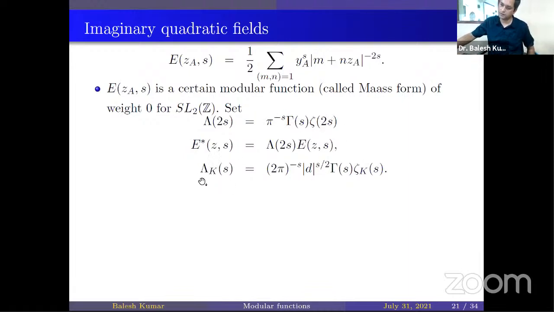And this Dedekind zeta function can be completed. The completed Dedekind zeta function is defined as 2π to the power minus s, then the absolute value of the discriminant to the power s/2, then gamma s, then the Dedekind zeta function.